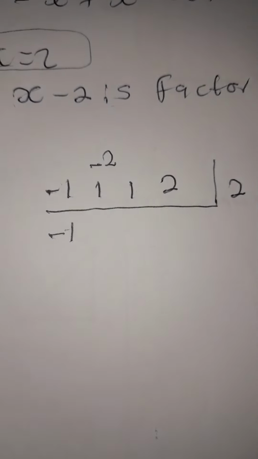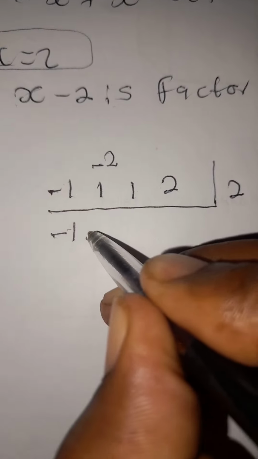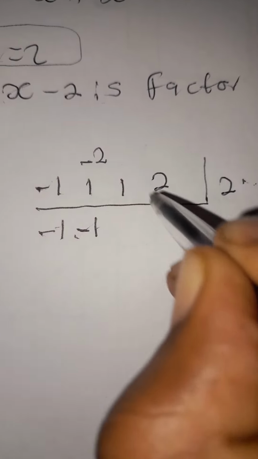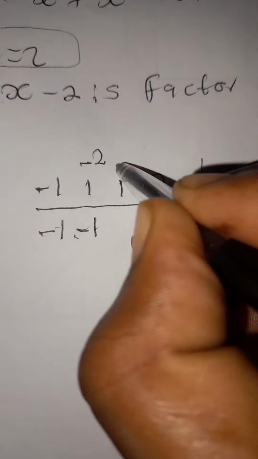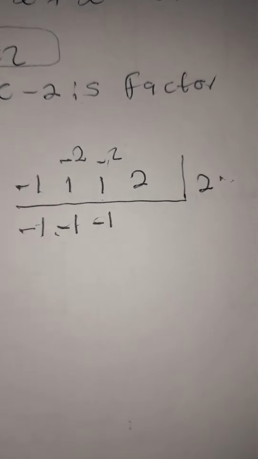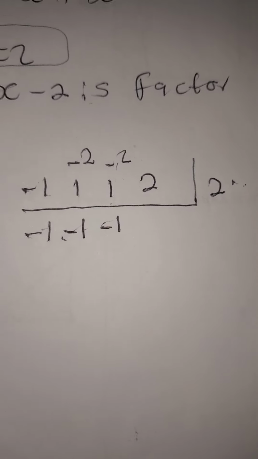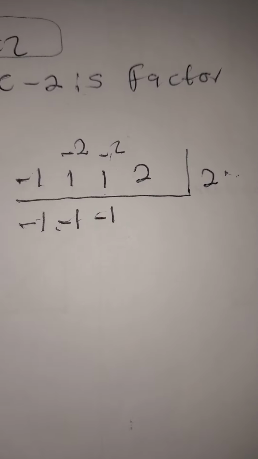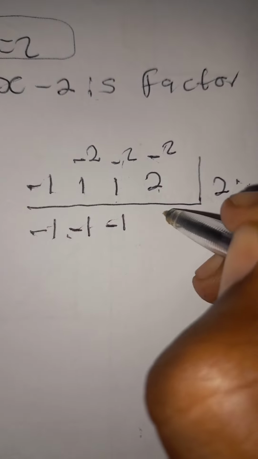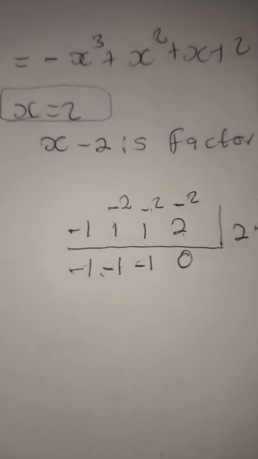Then when you add minus 2 plus 1, you get negative 1. Negative 1 times the factor is minus 2. Minus 2 plus 1 is negative 1 again. Then negative 1 times 2 is negative 2. Negative 2 plus 2 is 0. Then we are done. That's how you can use synthetic division.